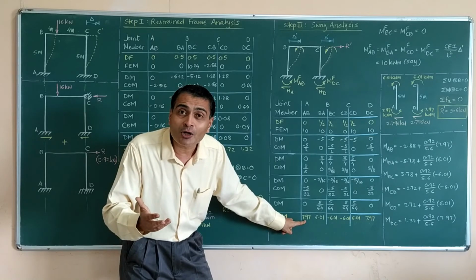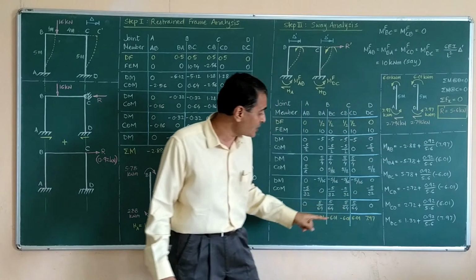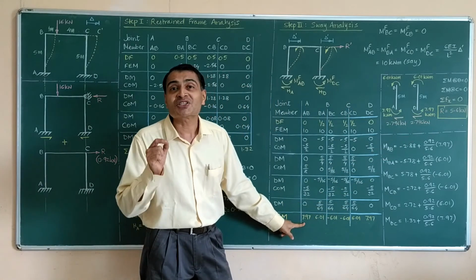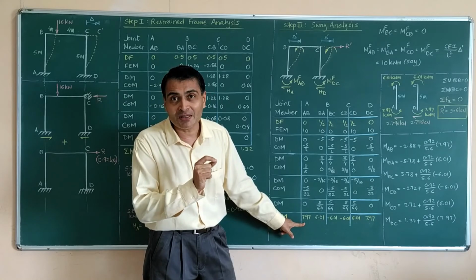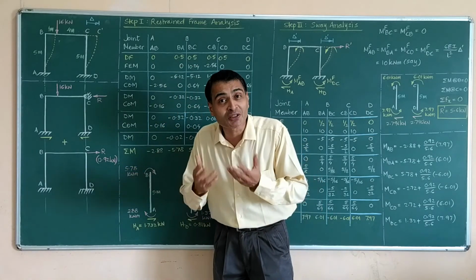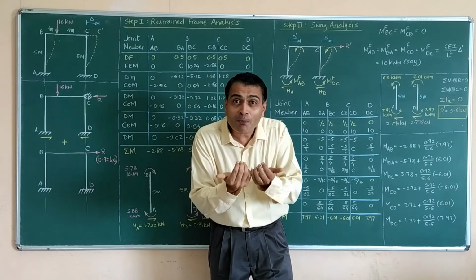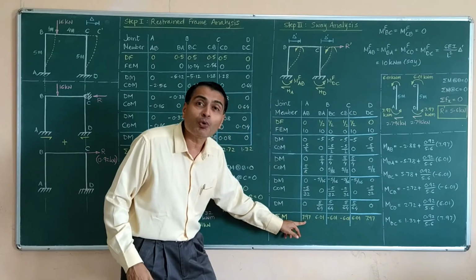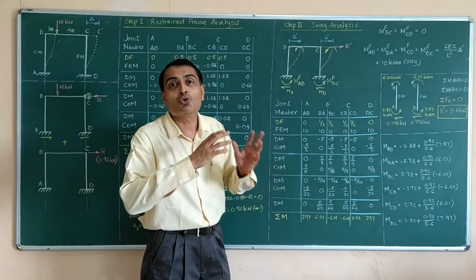And the argument I have already discussed, that if 5.6 kilonewtons generates 7.97 of sway moment at AB, 0.92 kilonewtons will generate 0.92 upon 5.6 into 7.97 of M of AB due to sway.